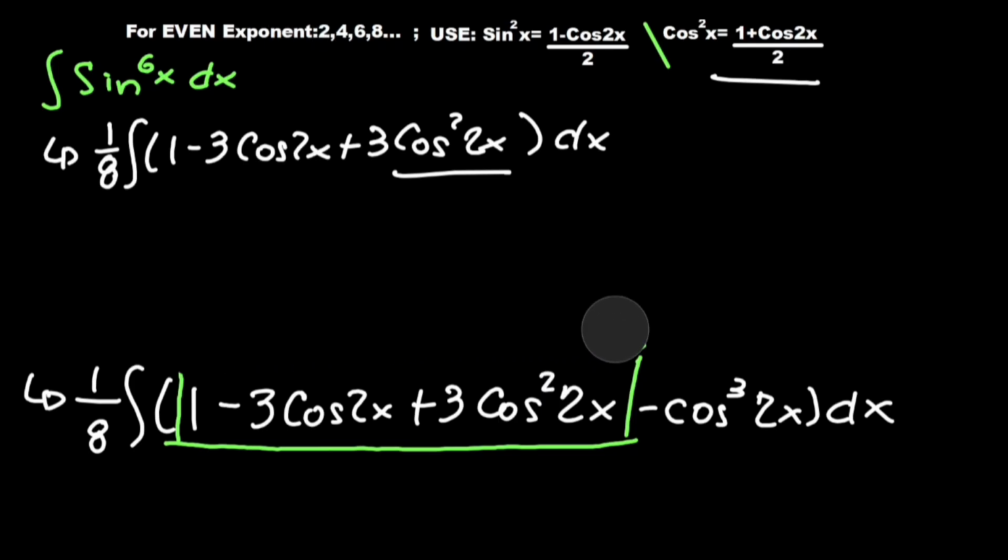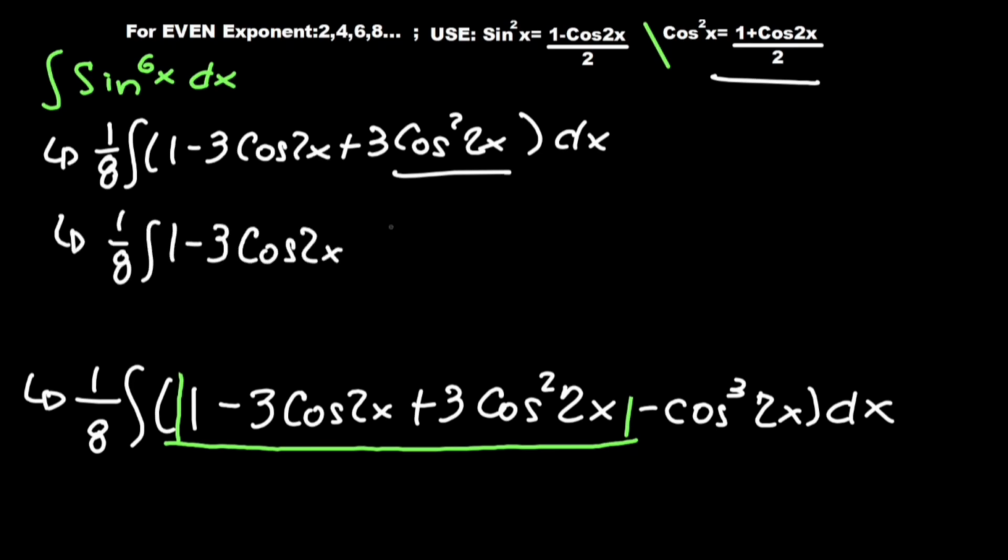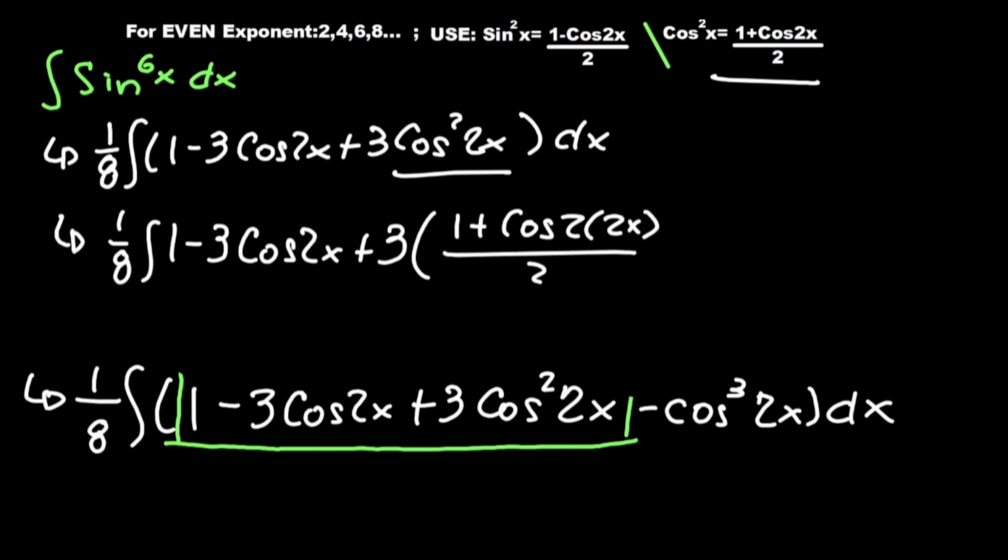So this would be 1/8 integral of 1 minus 3 cosine of 2x plus 3 multiplied by 1 plus cosine 2 times 2x over 2 dx. 2 multiplied by 2x would be equal to 4x.